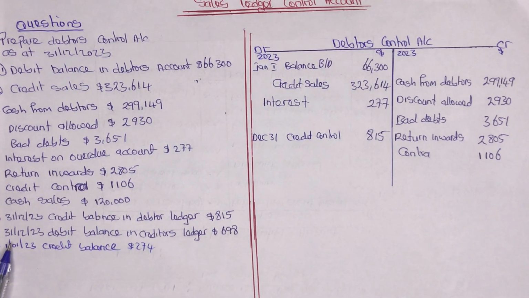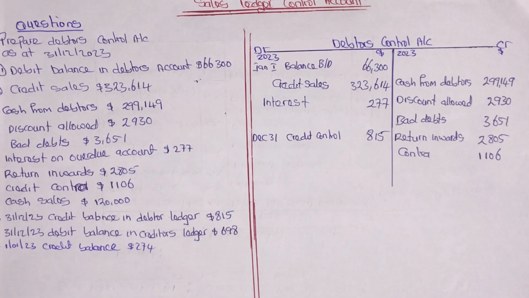We also have on 31st of December a debit balance in the creditors ledger account. This debit balance in the creditors account is an asset. It is supposed to be in the debtors ledger. So it has to be credited out of the creditors ledger and debited in the debtors ledger.